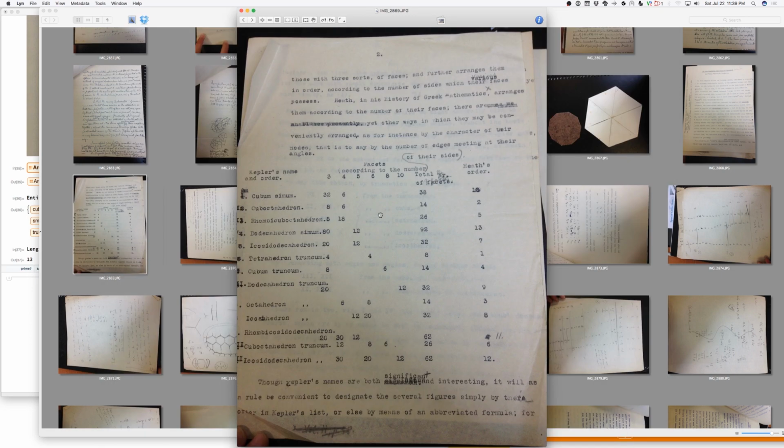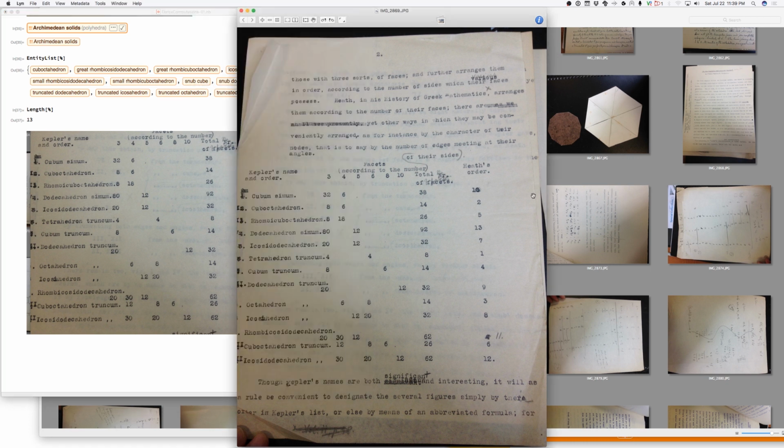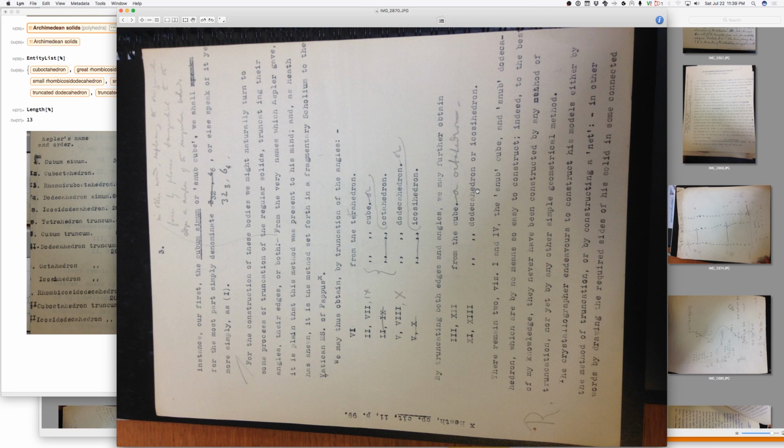Let us see whether the table he has there is, well, I think he's using, there we go. That's his table. The cubum simum we call the cuboctahedron. Okay, so the cubum truncum is probably the snub cube. Yeah, but I guess he's using the original Latin names. It's cute. Okay.